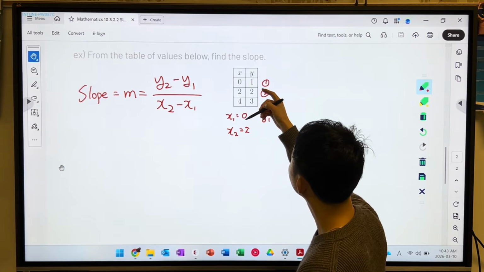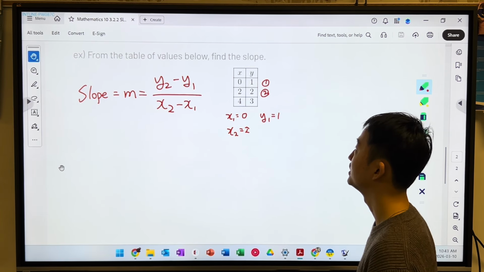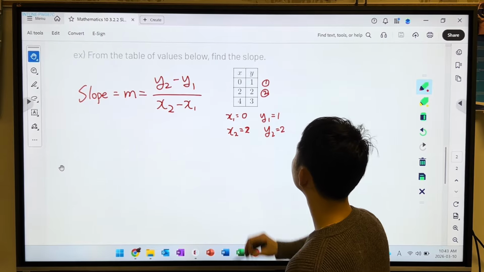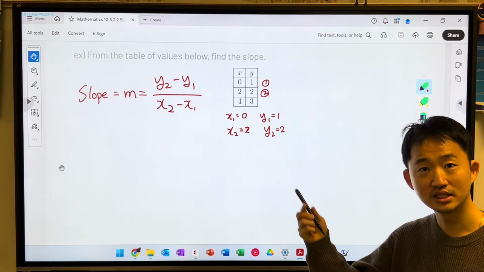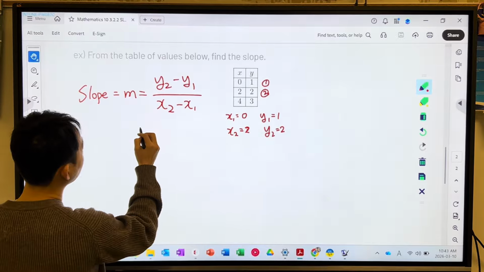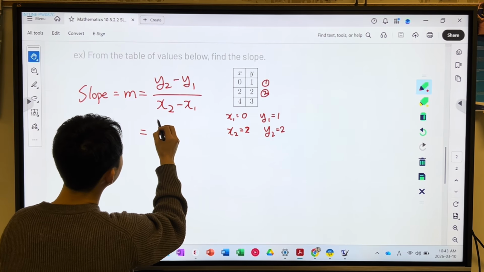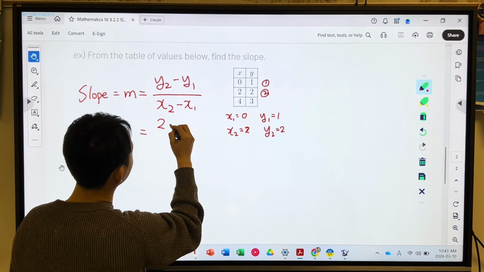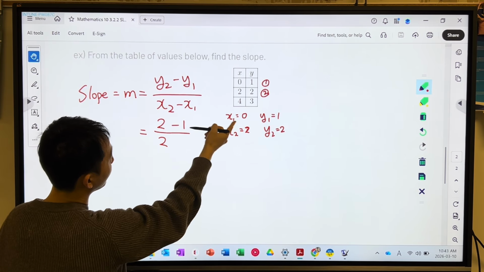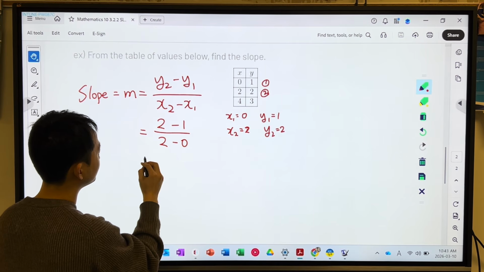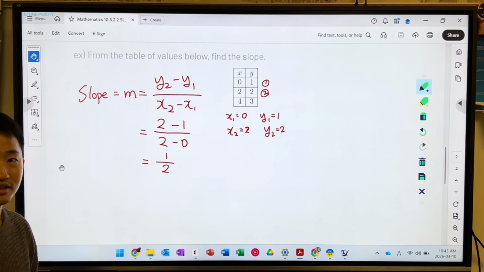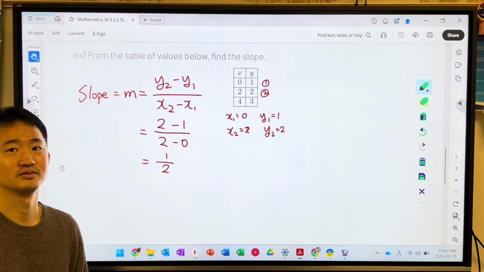And the y coordinate of the second point is also 2. Now, let's plug the points into the formula. m equals y2 is 2, y1 is 1, x2 is 2, x1 is 0. So that's (2 minus 1) over (2 minus 0), which is 1/2, and that is the slope of this table of values.